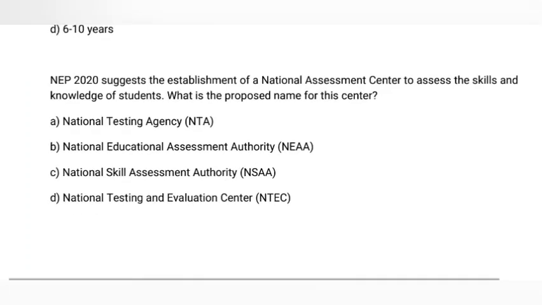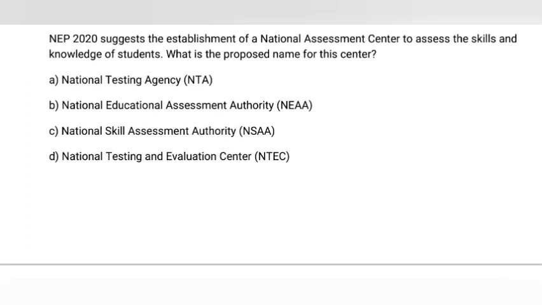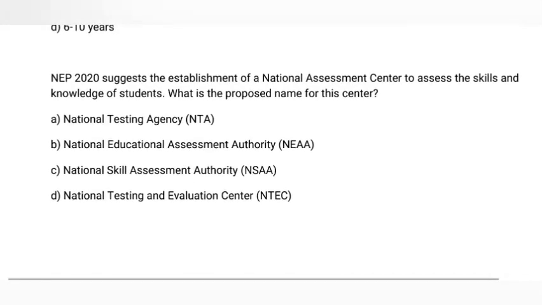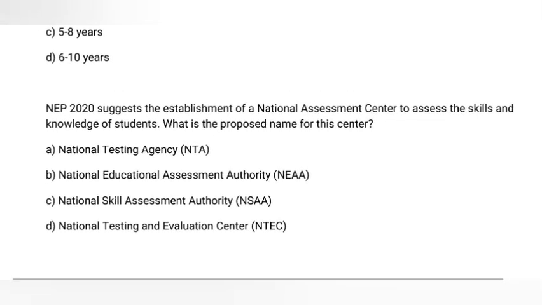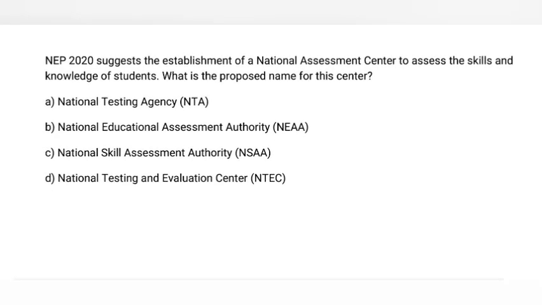Next, NEP 2020 suggests the establishment of a national assessment center to assess the skills and knowledge of students. What is the proposed name for this center? National Educational Assessment Authority.